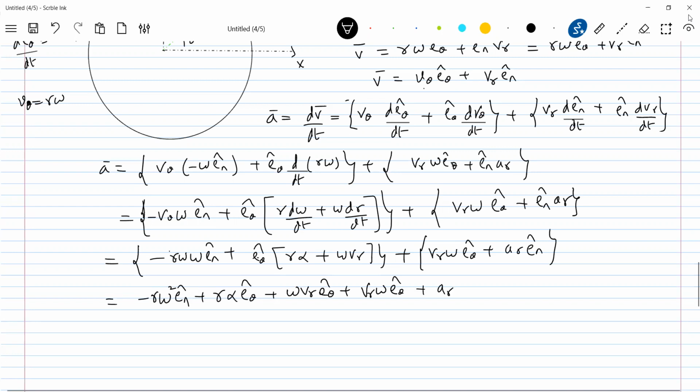Plus this will be AR En cap. I'm interested in only a few parameters. So many are there. Let me go for this. There are 3 parameters along tangential. Let's go for them one by one. If radius is constant, tell me what will happen.